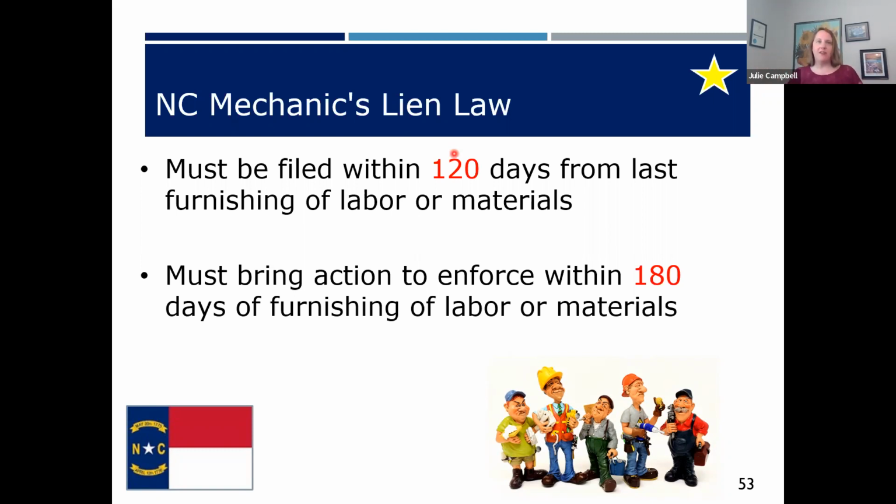Failure to file within 120 days means that the mechanic has lost their right to stand in line and collect. So they have to file within 120 days of the work ending, whatever the last day of the job is.